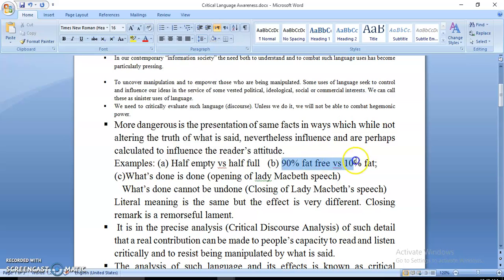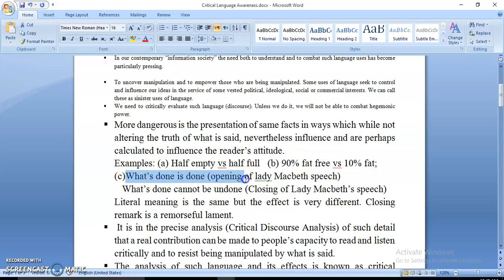So this example should have been given: language is being used in order to dupe or beguile the customers, because the effect is different. If you say that there is 10% fat in a product, buyers won't buy it. But when you say 90% fat free, buyers rush towards the product.